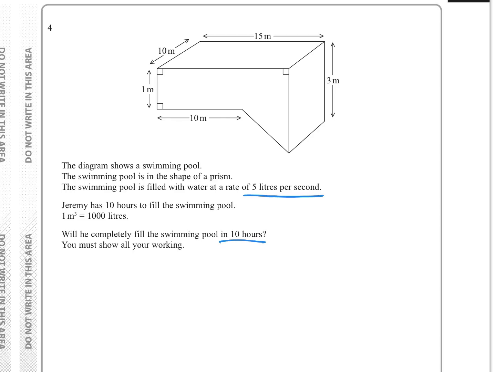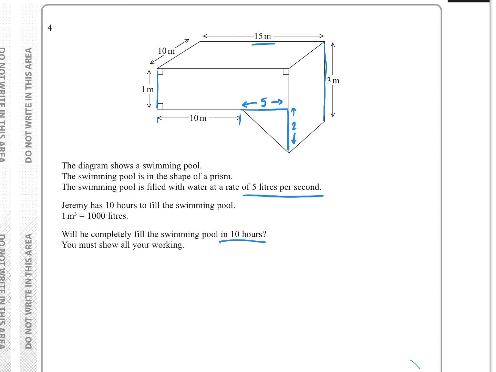So I think one way to look at this would be to say to ourselves, well, if we look at the dimensions here, this must be 5, because this was 15 and we've already got 10 here, and if this is 1 and this is 3, then this here must be 2.